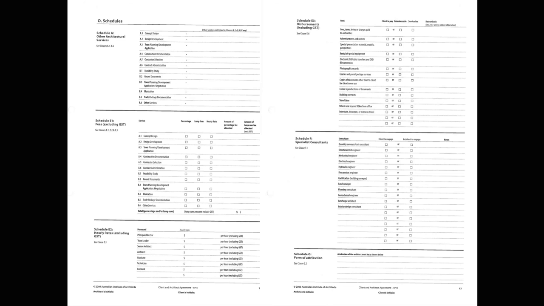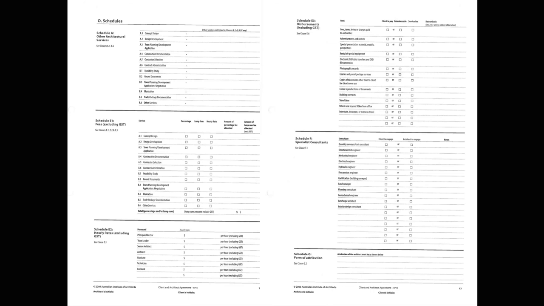You can have a lump sum for one of the core services, an hourly rate for another, and a percentage for a third. There's no reason why you need to have it all the same, but it needs to be agreed upon. The percentage fee is probably the fairest way, because then it is entirely dependent upon how much is being spent on the project.